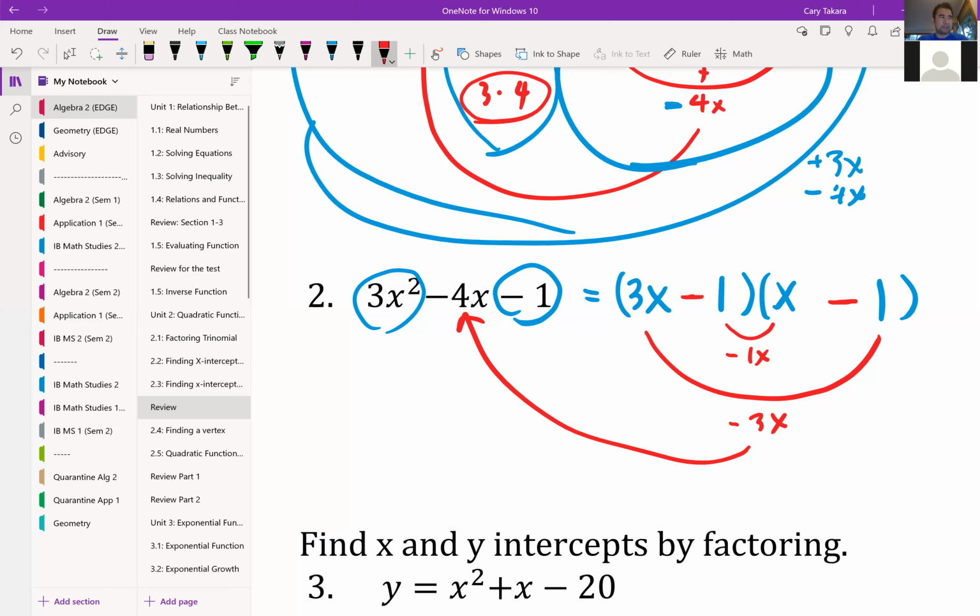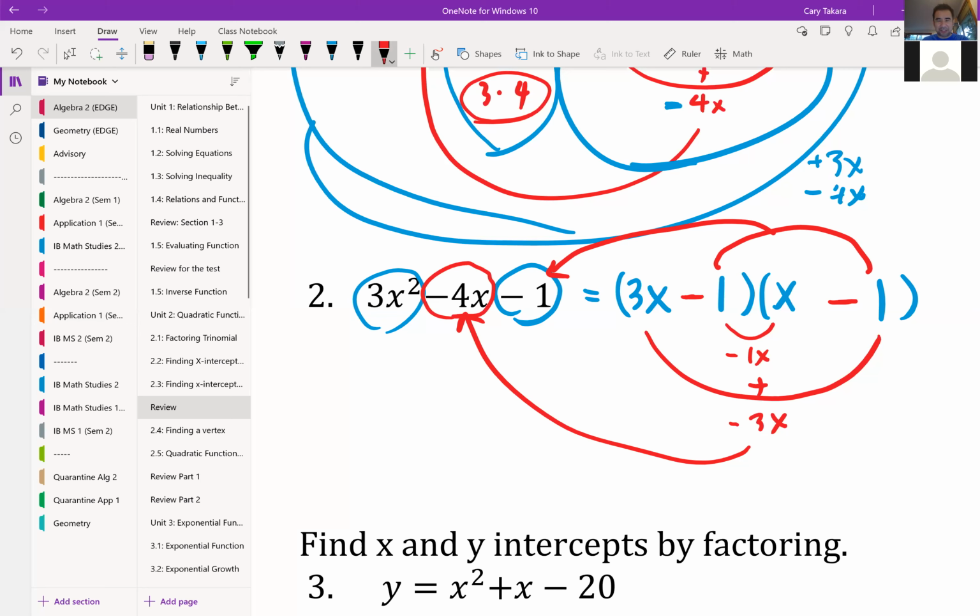Very good. The thing that is wrong is this. Even though, yes, I managed to create negative 4x, because negative 1x plus negative 3x is negative 4x, is negative 1 times negative 1 giving you negative 1? No, it doesn't. It's a positive 1, isn't it? Right. So in other words, this is not actually factorable.